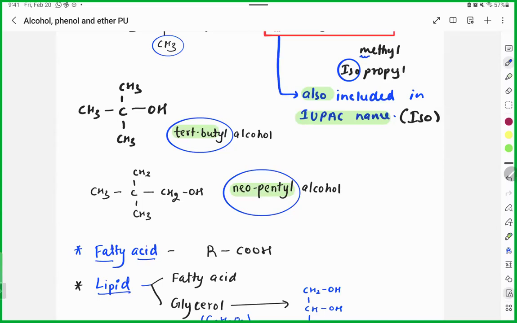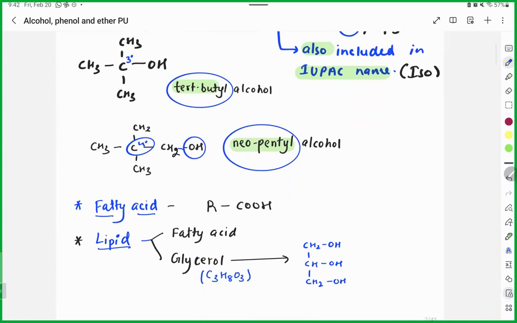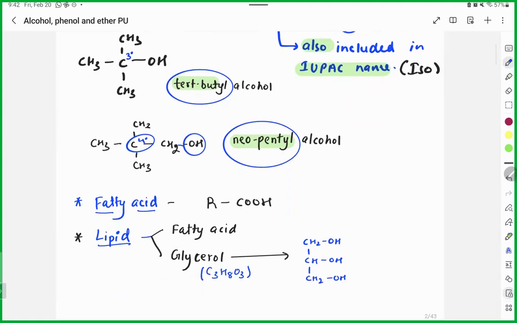In neopentyl, one carbon is quaternary, attached to four carbons, and then you have some functional group; that is neopentyl. Tertiary, as the name suggests, is attached to three, that's why this is a tertiary carbon. Here you have a quaternary carbon, and next to the quaternary there is some functional group. That's why neopentyl. You can have neopentyl halide, neopentyl alcohol, neopentyl amine, anything of that sort.